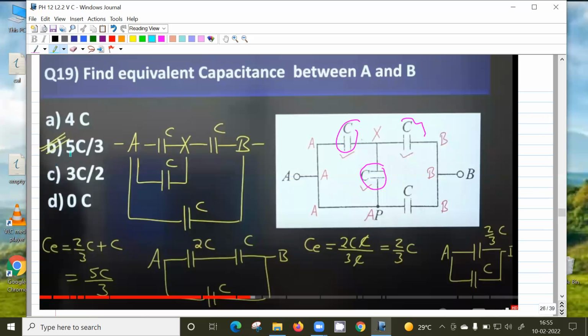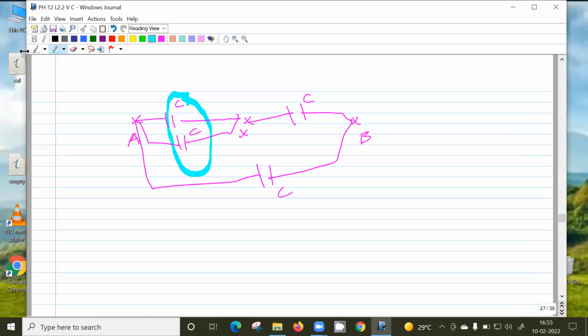Sorry, sir, what? This is 2C, no? Yes, sir. And this C I can think as 2C in series with 2C. This C I can write as 2C by 2, right? And this is 2C, so this combination will become 2C by 3.